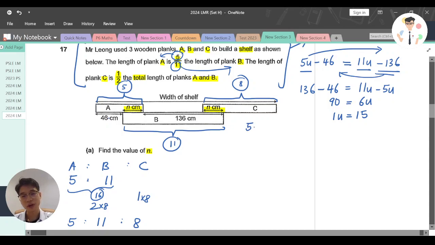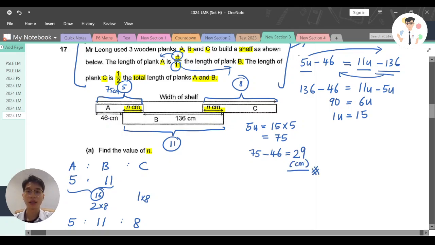Then I will be able to find out 5 units is equal to 15 times 5, which is equal to 75. And now if I know here is 75 cm, I know here is 46 cm, then I will be able to find out n. That will be 75 minus 46, and that gives me 29 cm.